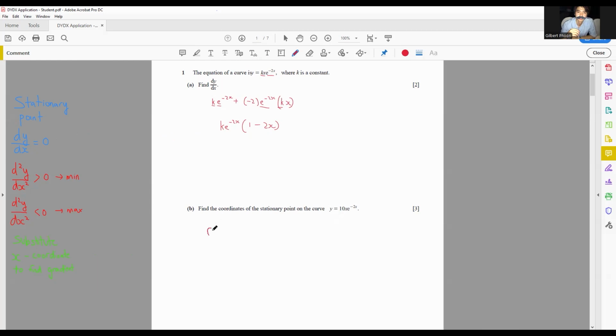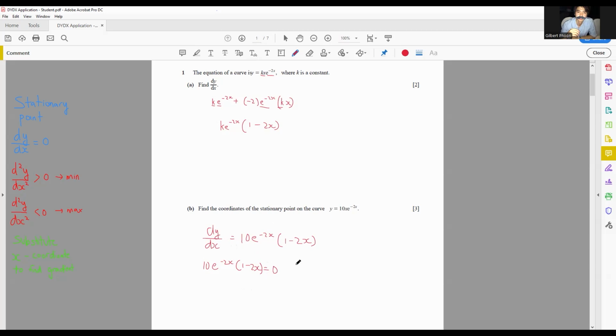You have dy/dx is actually equal to 10 e to the power of negative 2x, then bracket 1 minus 2x. Then let dy/dx equal to 0: 10 e to the power of negative 2x, 1 minus 2x is equal to 0.